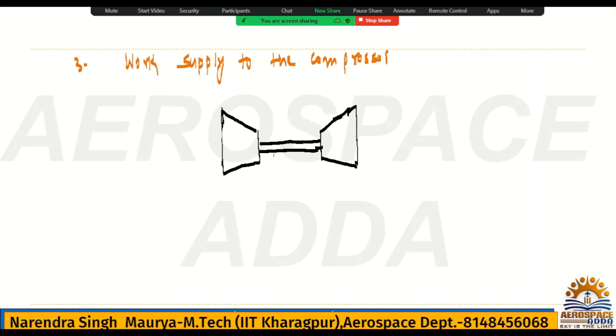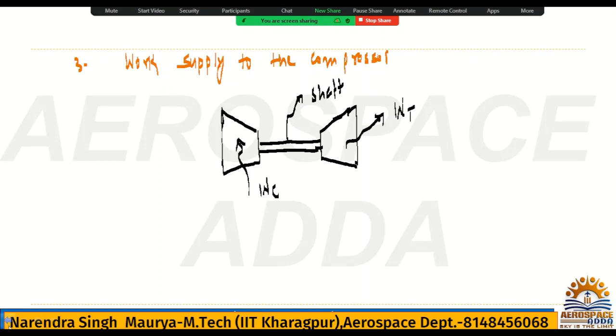Okay, this is the shaft. With the help of the shaft, you have to transfer the work. The turbine is producing Wt, and the compressor is absorbing Wc.